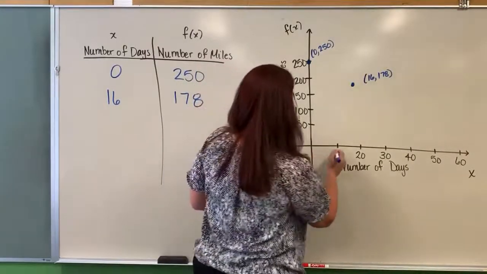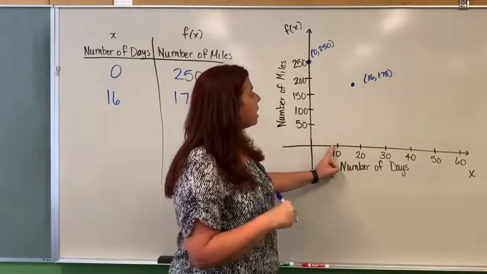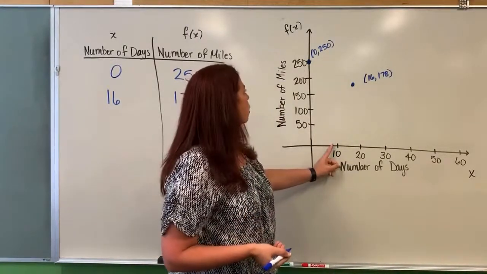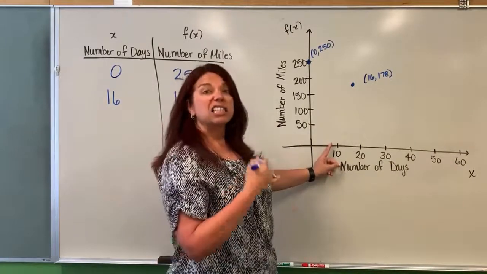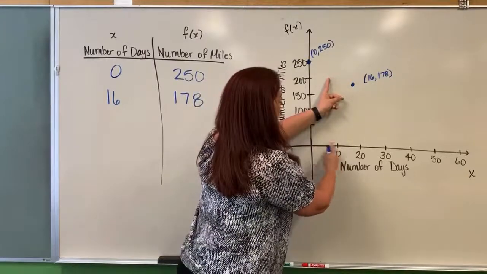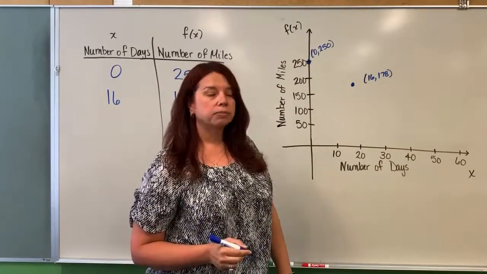So at 8 days, right about here on our input quantity, if we assume that the miles are draining out of this fully charged Tesla Model 3 at the same amount every day, then if we go half the number of days, we should have half the miles drained out.